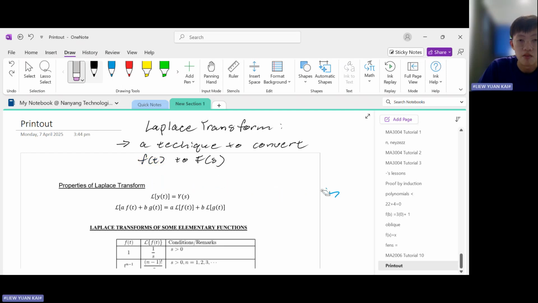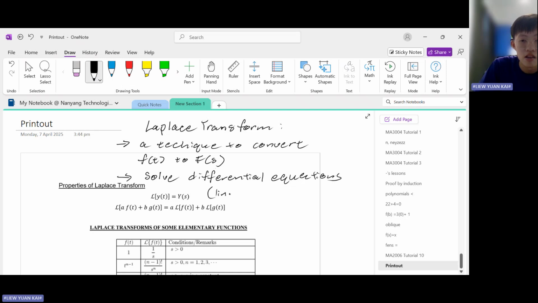And more broadly speaking, why do we learn Laplace transform? The goal behind Laplace transform is to help us solve differential equations. Very simple differential equations. To be specific, I'm talking about linear ordinary differential equations.